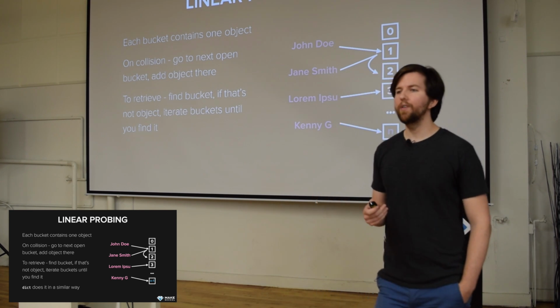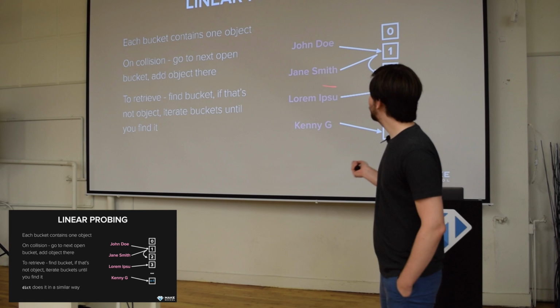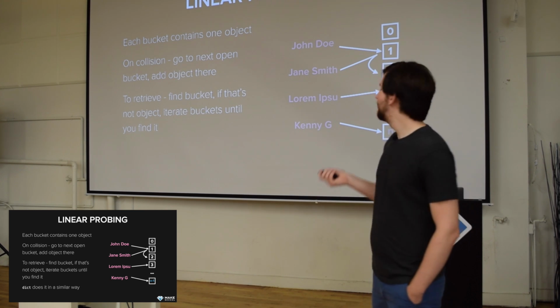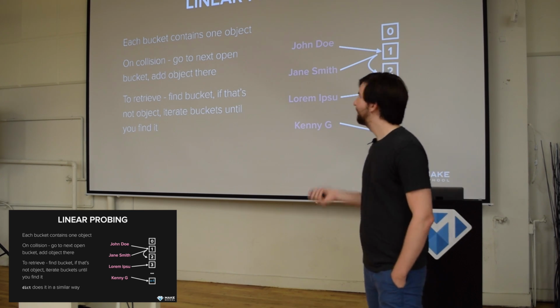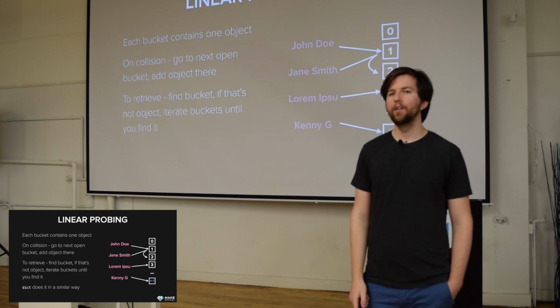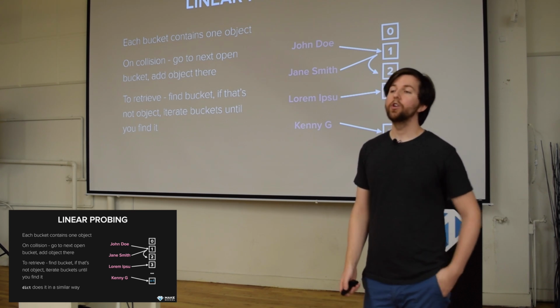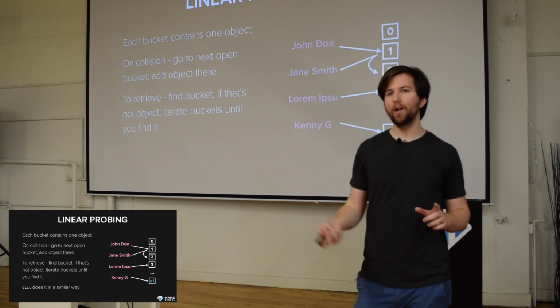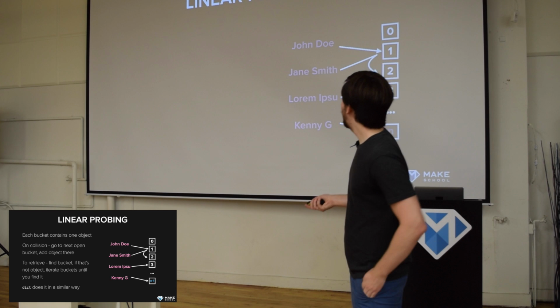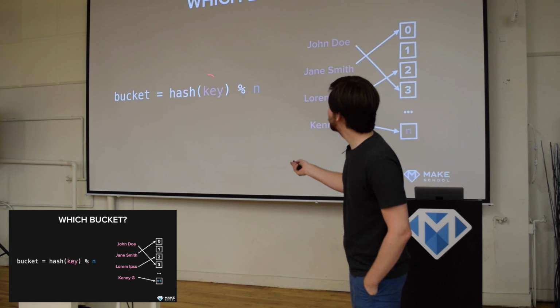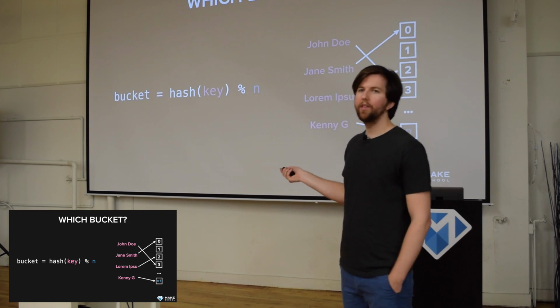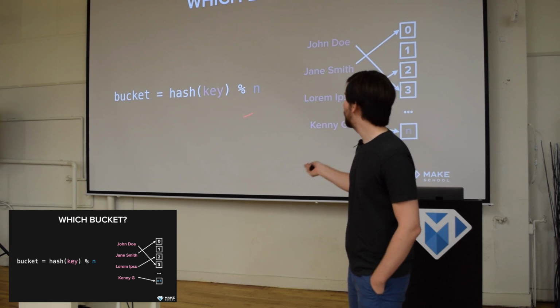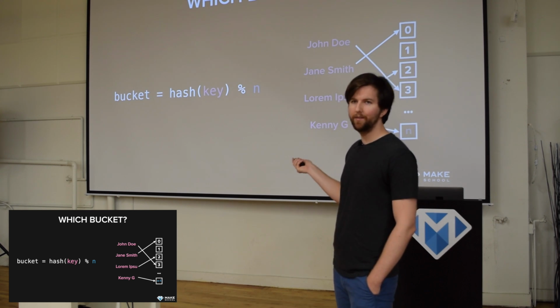It's a good question. The hash value will always be the same for any given key with a good hash function. So John Doe and Jane Smith will say 1 for that bucket, even though the information is really the same. So don't get the hash value and the bucket it's mapped to confused. The hash value is only the result of this operation, and then the bucket it's mapped to is the result of this whole operation, including the mod n.